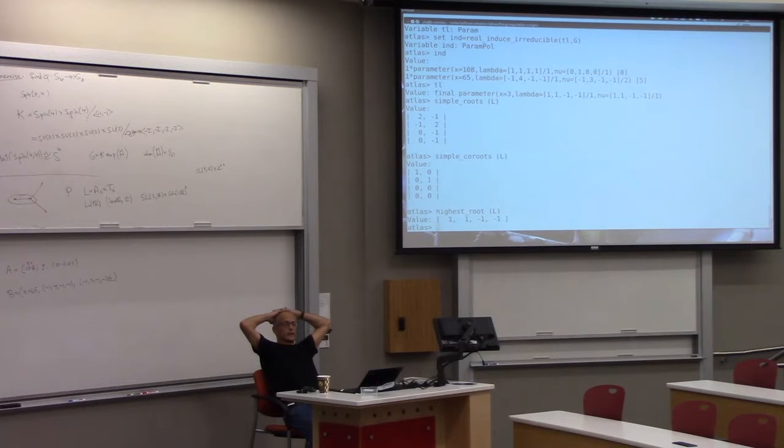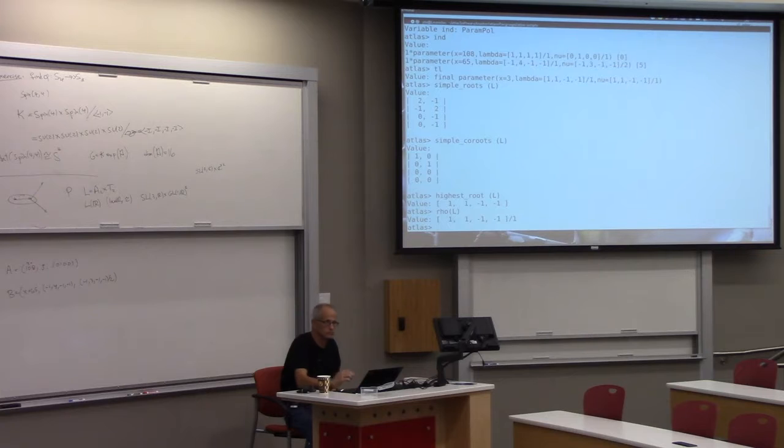That's nu and lambda, both nu and lambda. You could also ask for rho of L. Of course it's rho, it's the trivial, but yes. That's highest underscore root.